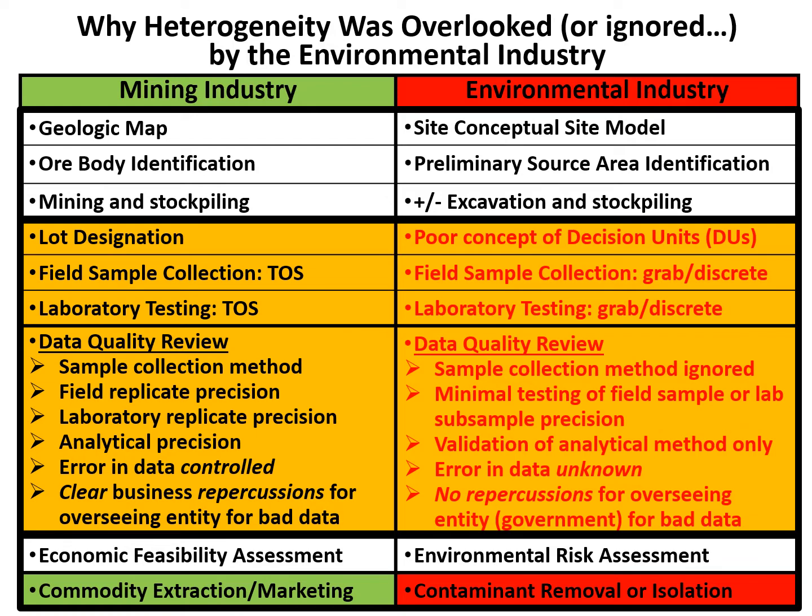Well, it's not really conservative. It just indicates there's something wrong in the process. And they only do validation of the analytical method in the environmental industry. So the error in your final data is really unknown. It's typically hidden. A big point that I discuss with my fellow regulators is there's no repercussions for the overseeing entity, that's the government, for bad data.